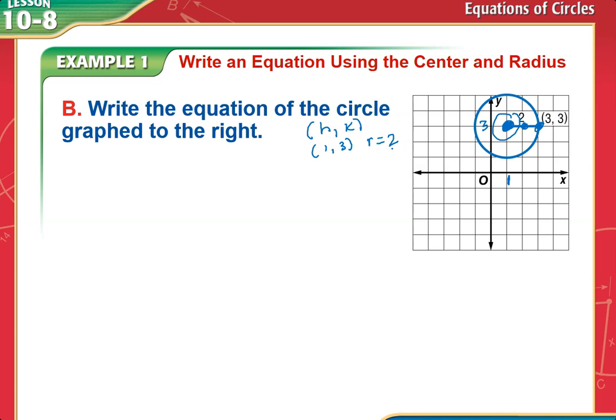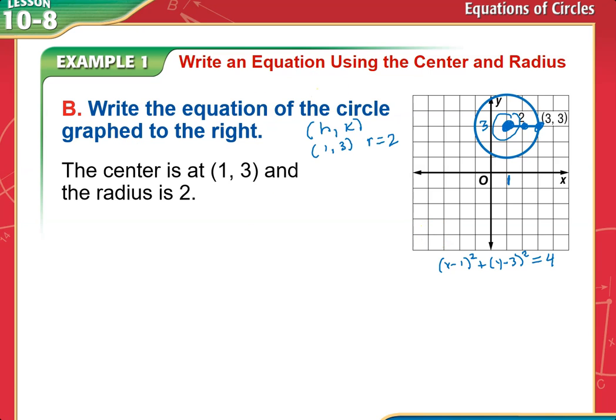And then we can just put it into the equation of our circle. So we can say (x minus 1) squared plus (y minus 3) squared equals the radius squared, which is 4.